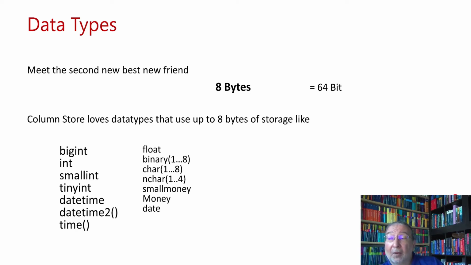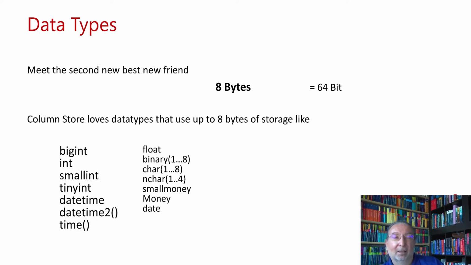Technically, varchar works too, but it's very short because it needs like 4 bytes to manage itself. That basically leaves you with only 4 bytes, and if you make it national, it leaves you with 2 bytes. So that's why I didn't list them.